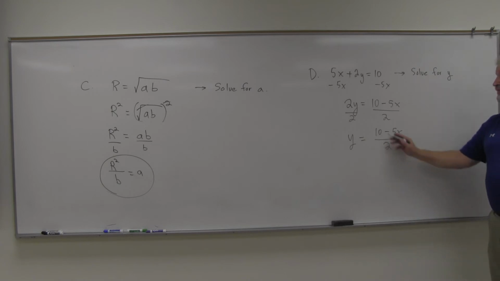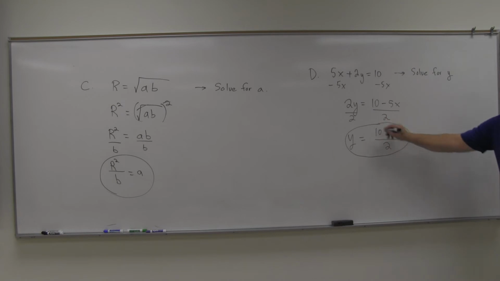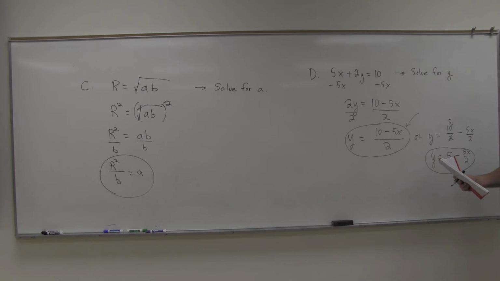No. You can do them separately, so we could leave it like that, or we could do them separately, 10 divided by 2 minus 5x divided by 2, and make that cancel to be 5, but just cancel the 2 out right there, no, you just can't do that. So I'm okay with that one. You just want to leave it there since it doesn't simplify on both of them. Is that okay?